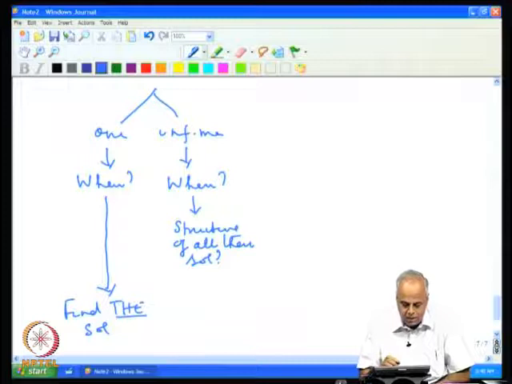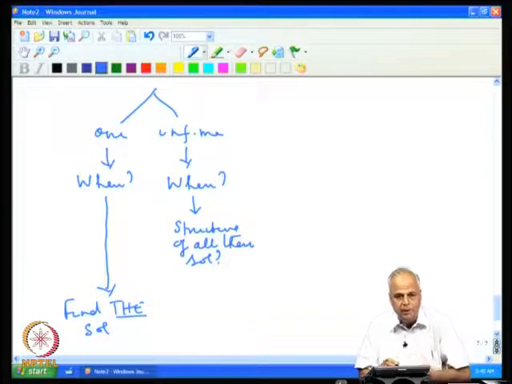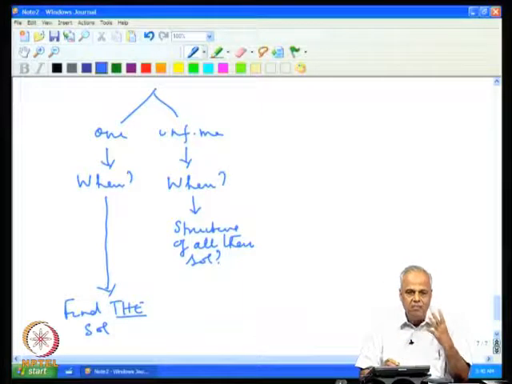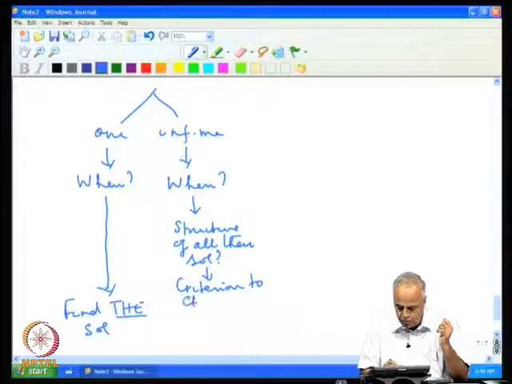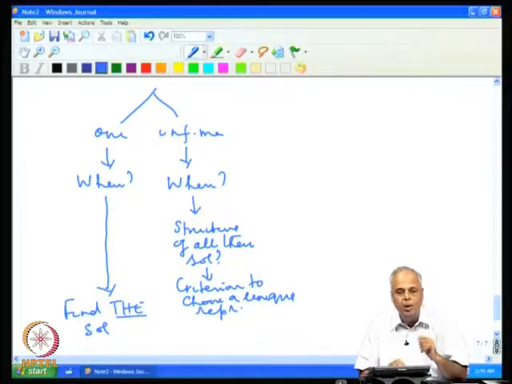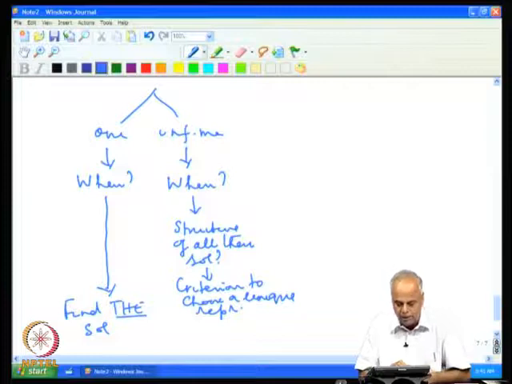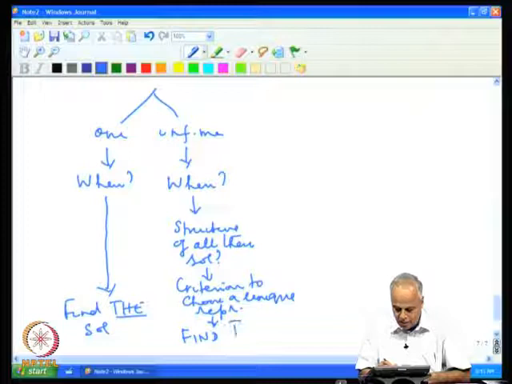Now, having got the structure, we have a problem of plenty in this situation where we have so many solutions. Is there some way of choosing one solution? So, a criterion to choose a unique representative. Among all these solutions, we must choose a unique representative. Then finally, find the unique representative.